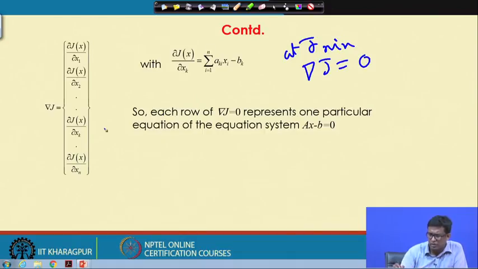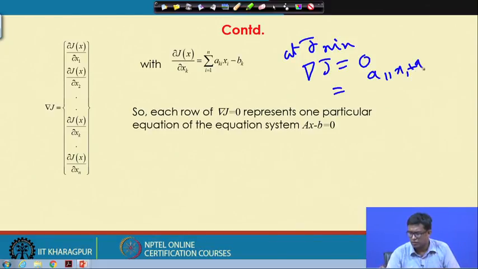So, this will finally give me that a_11 x1 plus a_12 x2 minus b_1 is equal to 0. Then a_21 x1 plus a_22 x2 up to minus b_2 is equal to 0, and so on.